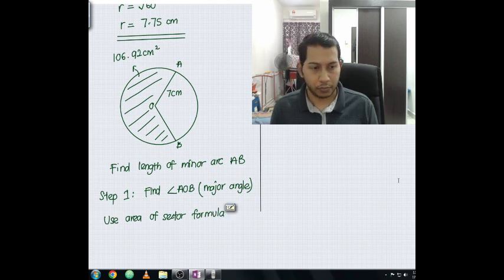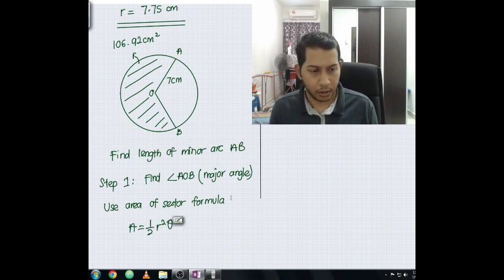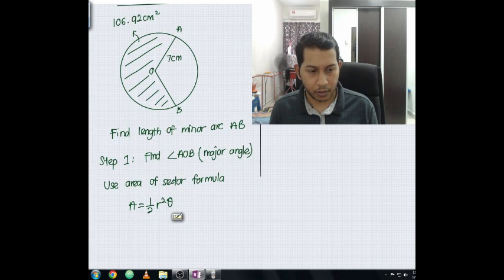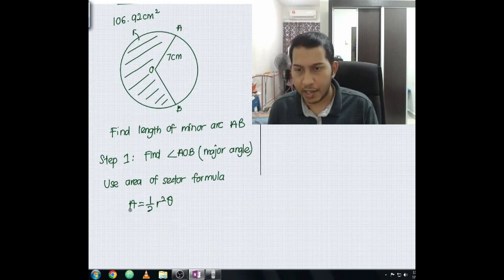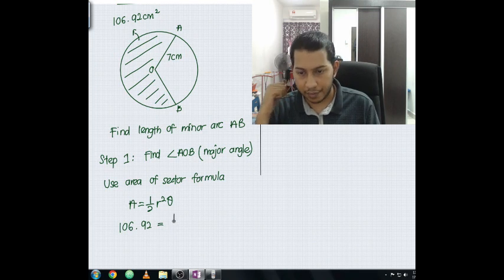Area of sector A is equal to half r square times theta. The area we know is 106.92. So we apply the formula: half times the radius, 7 square.